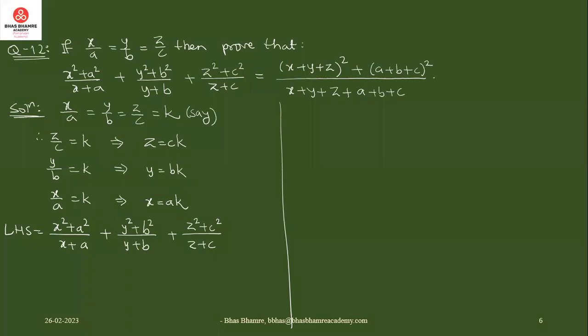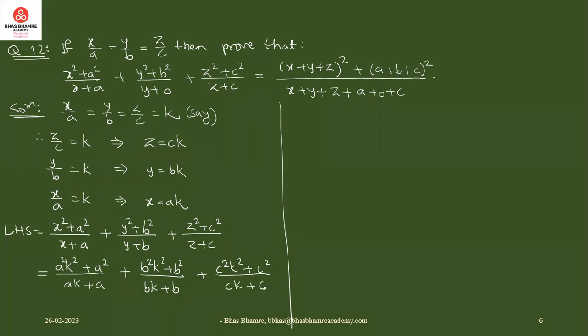x is ak. So I shall put ak. x square, that is a square k square, plus a square upon ak plus a, plus y square plus b square, that is b square k square plus b square upon bk plus b, plus z square, that is c square k square, plus c square upon ck plus c.